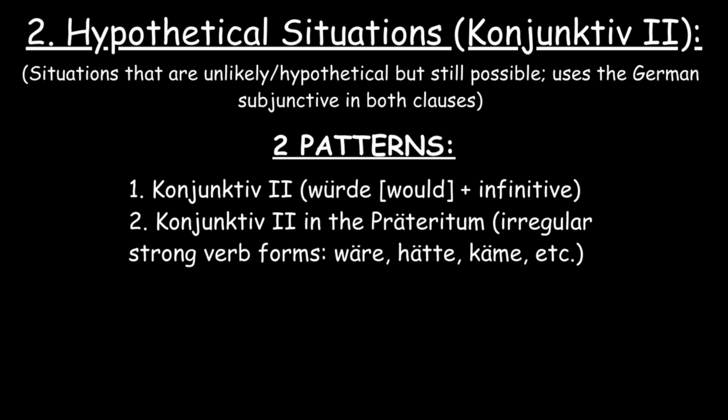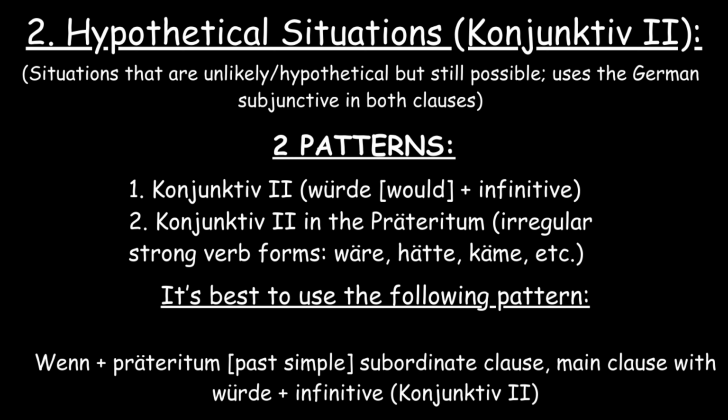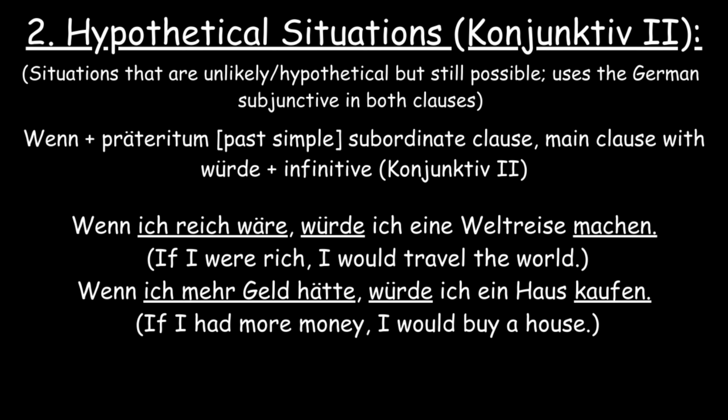Simply focus on the structure. When following a pattern in this conditional, it's best to begin with wenn, continue with a subordinate clause in the Präteritum using Konjunktiv 2, and finish with a main clause of würde plus an infinitive, also using Konjunktiv 2. The pattern is quite complicated, so to understand it, let's see some examples.